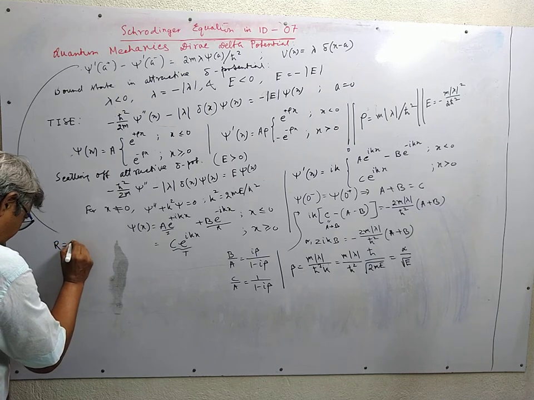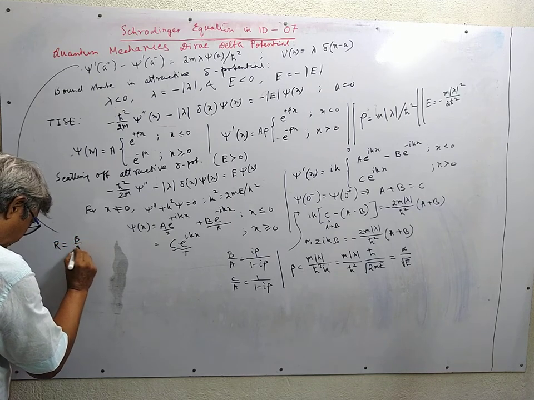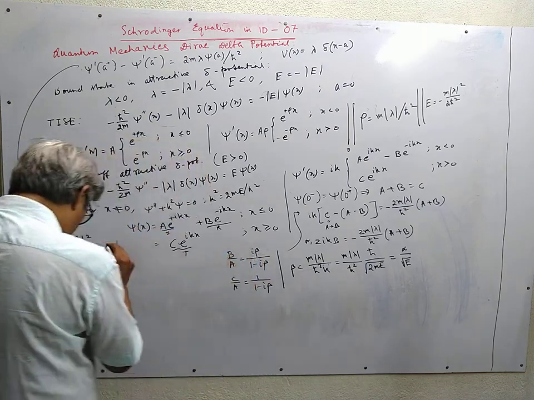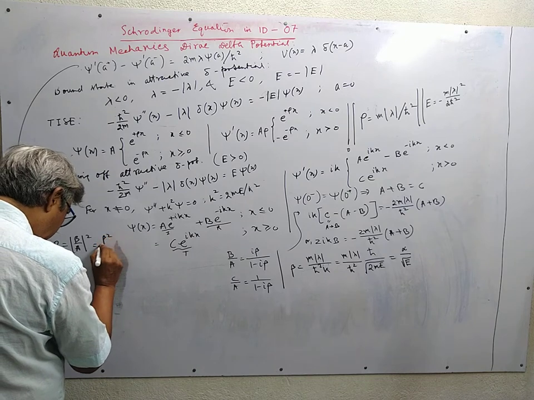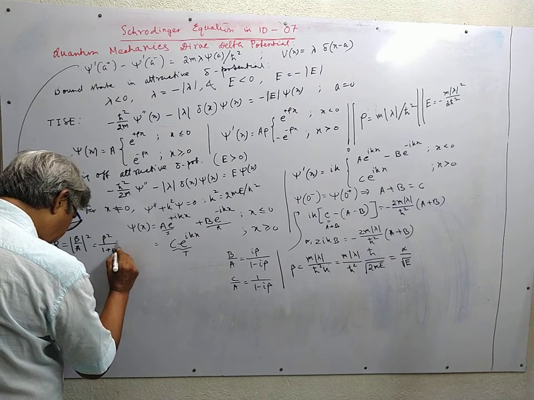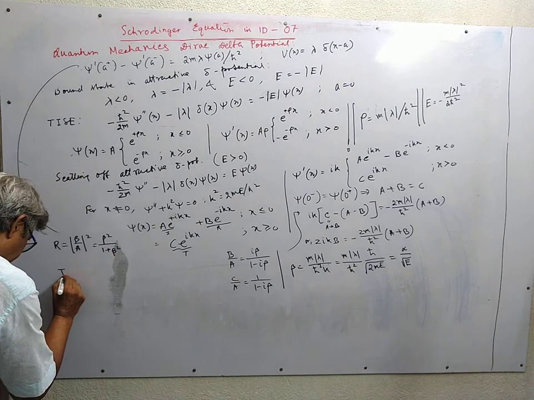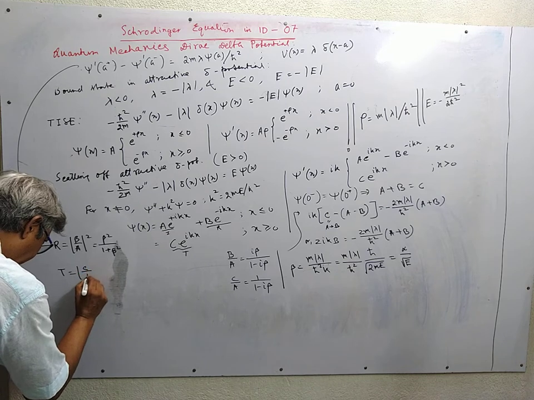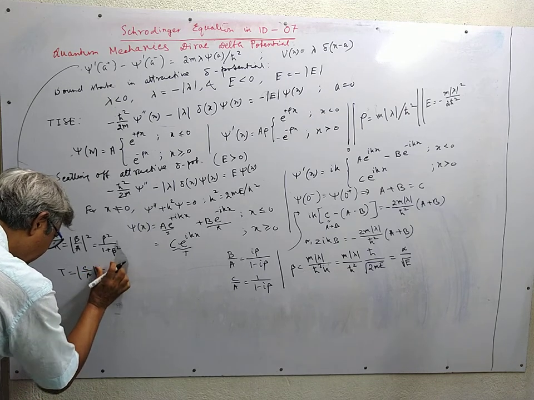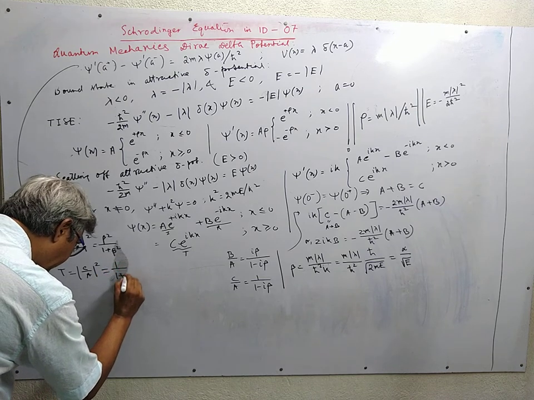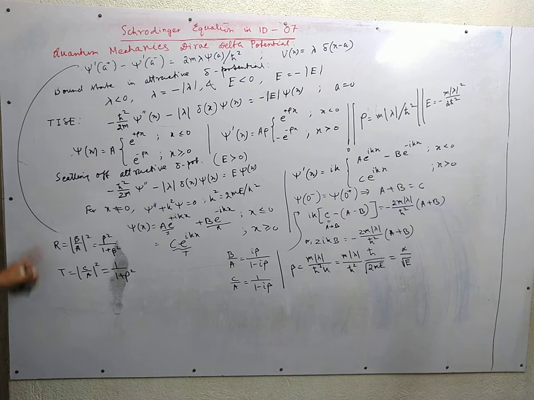Reflectance R is equal to mod B by A squared, which in this case becomes beta square upon 1 plus beta square, and transmittance T is equal to C by A whole square, which is equal to 1 upon 1 plus beta square. So we see that R plus T is equal to 1, so probability conservation is there.